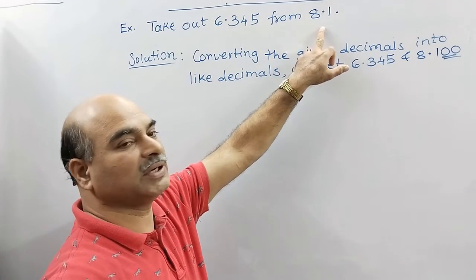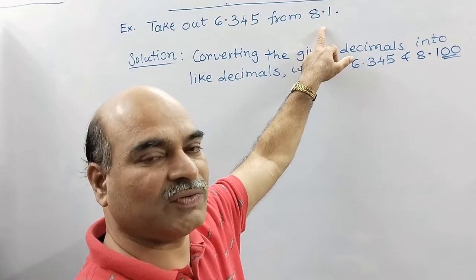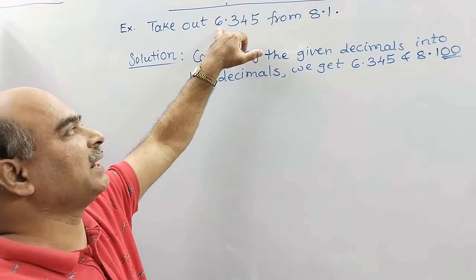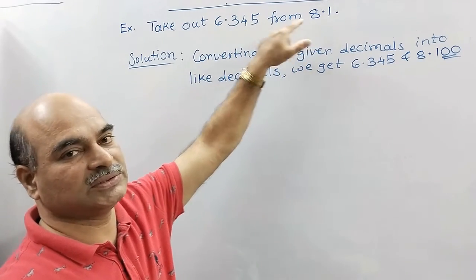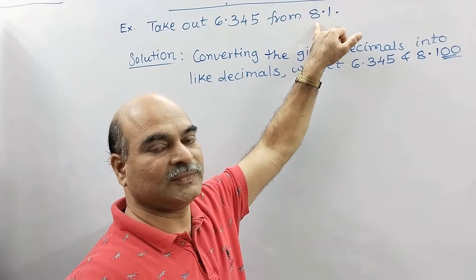That means this number should be written first. One hint I would like to give you: if you observe the integral parts of these two decimals, one integral part is 6, the other is 8.